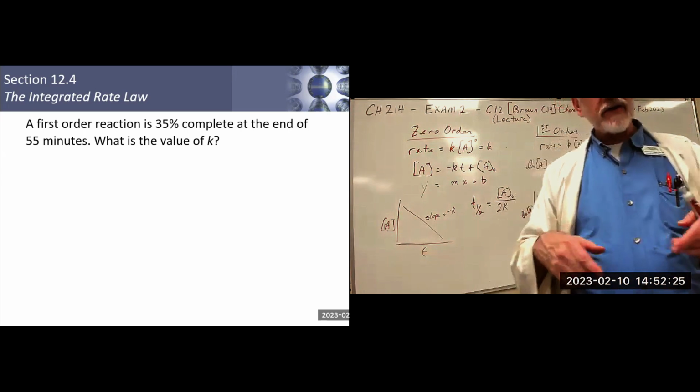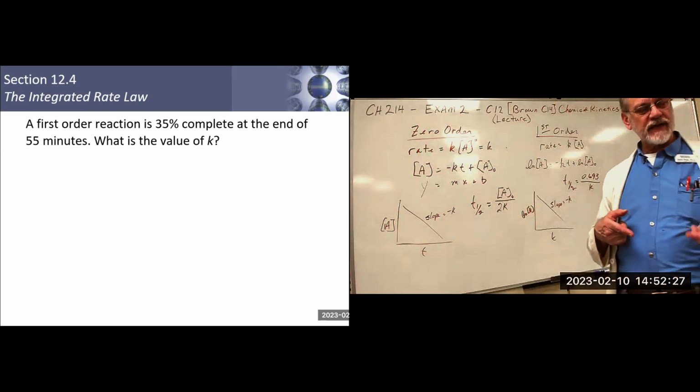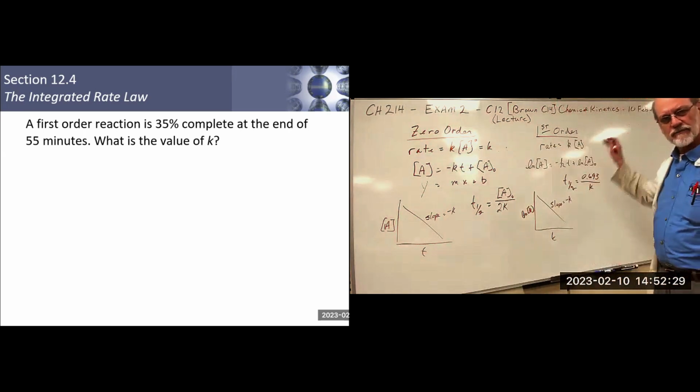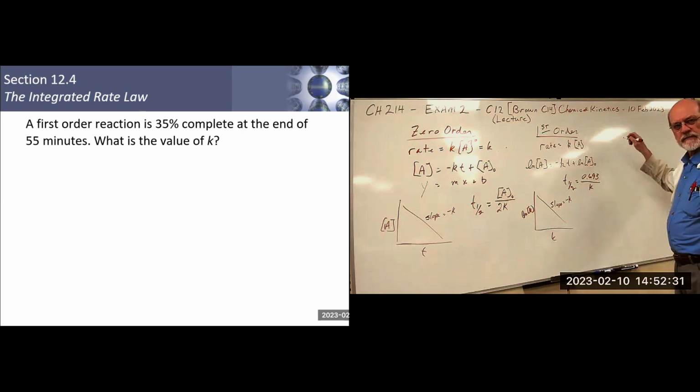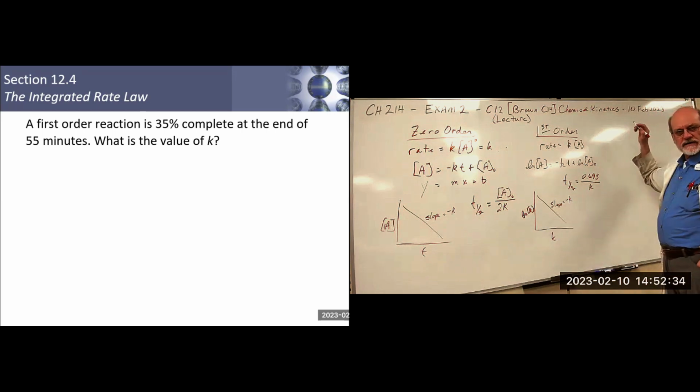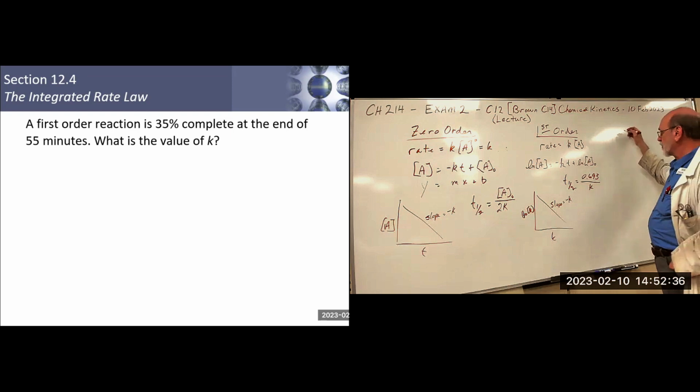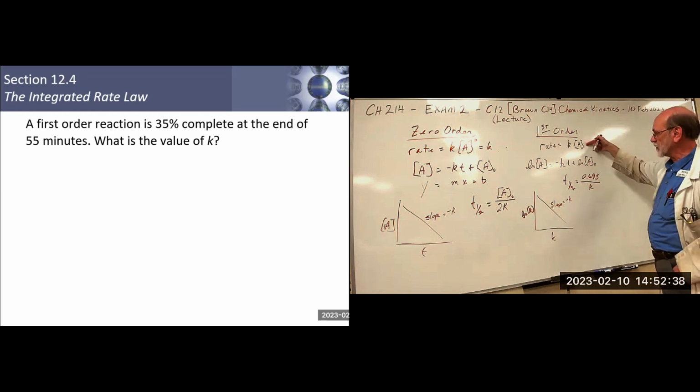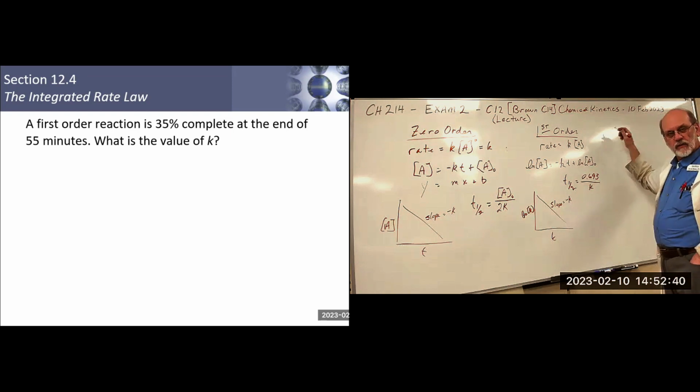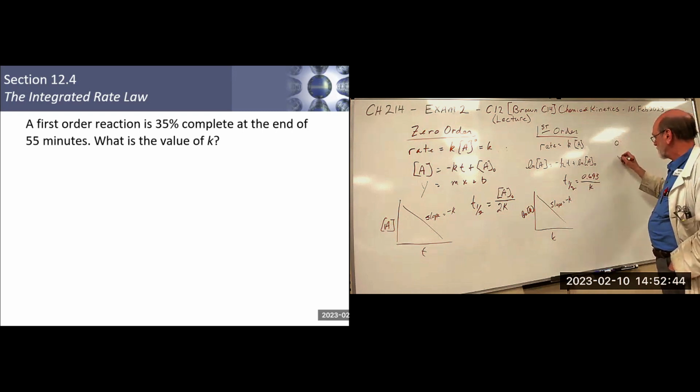So a first order reaction is 35% complete at the end of 55 minutes. So I'll build a little table up here. So if we got a first order equation, so it's like this one, first order. And then what it says is after 55 minutes, so there's your time in minutes.